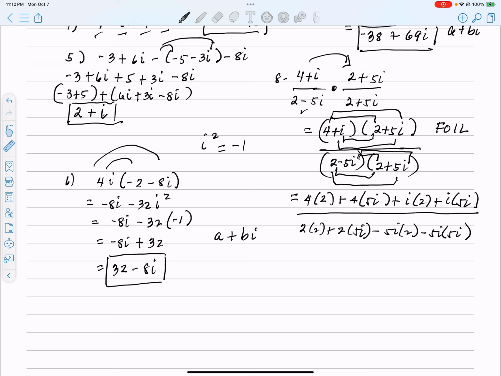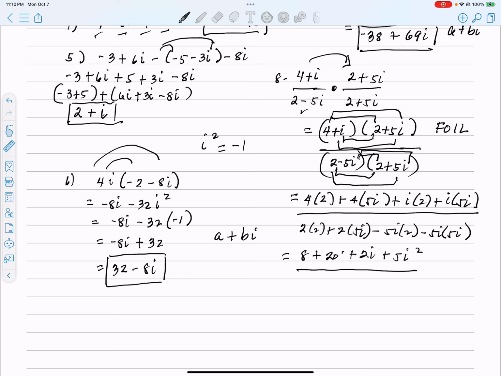Okay, let's simplify the numerator. 4 times 2, that is 8. 4 times 5, that's 20i. i times 2, that's 2i. Then i times 5i, that is 5i squared. Alright.